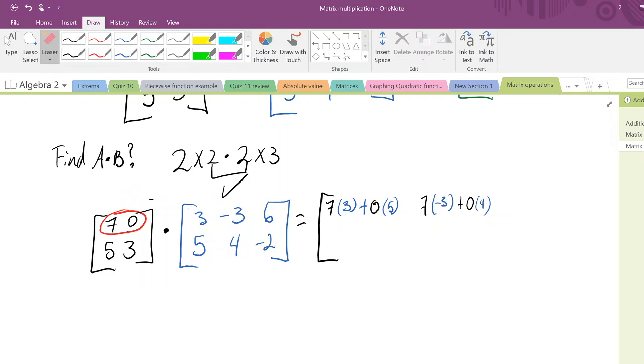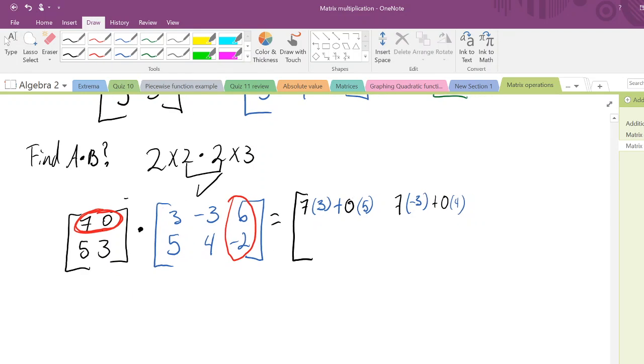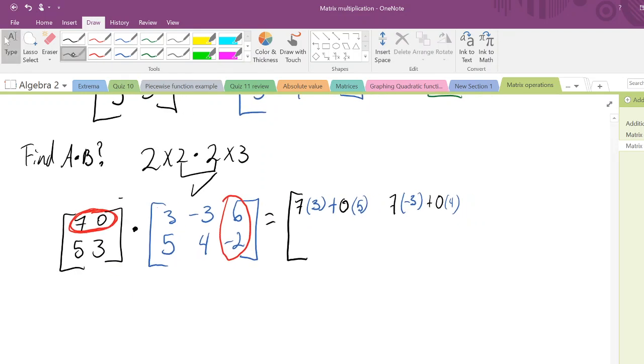So I'm going to have this 7 and 0 times 6 and negative 2. I grab the 7 to that 6, and that 0 to that negative 2.